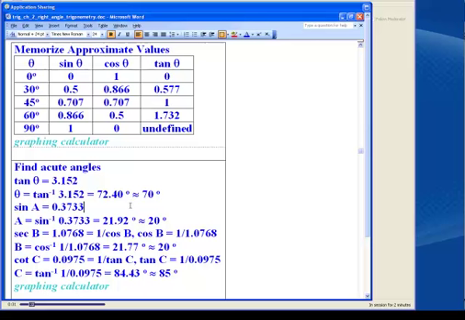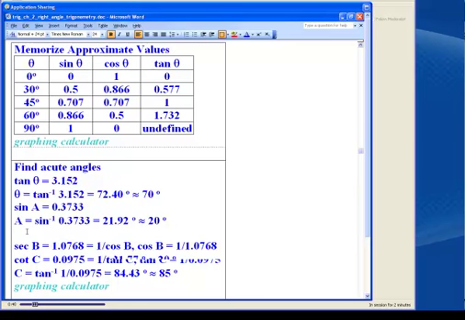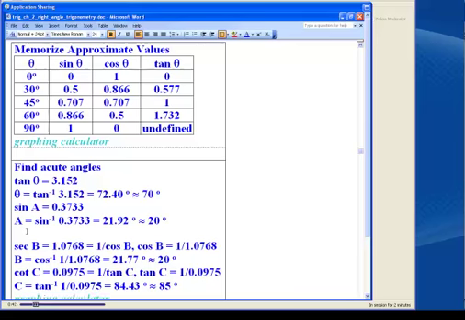An obtuse angle would be, for example, the supplement to that, which is 158.08 degrees. Watch in just a moment what happens when we plug the sine of that supplement into the graphing calculator.